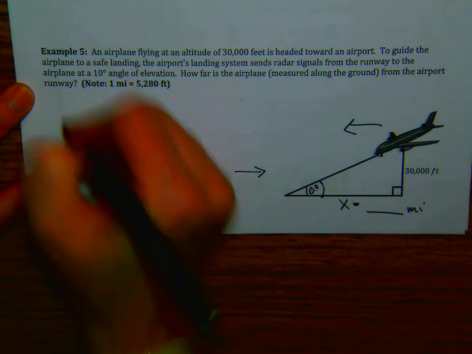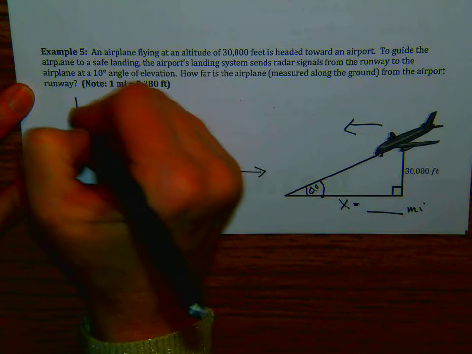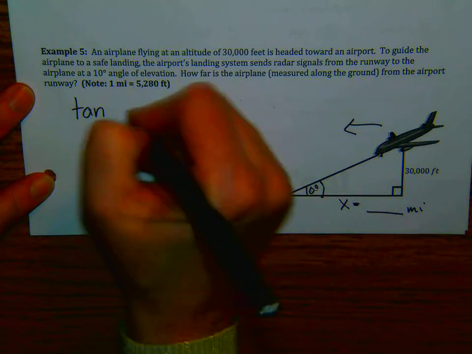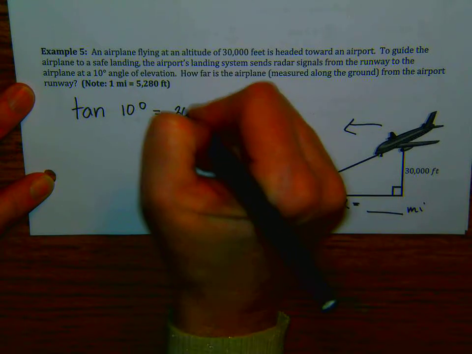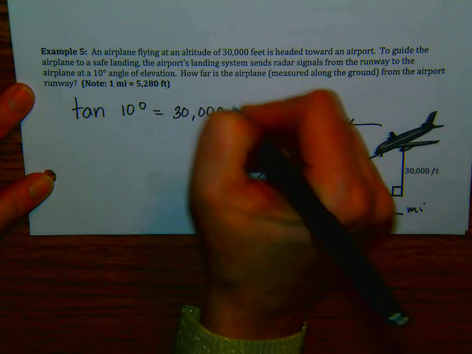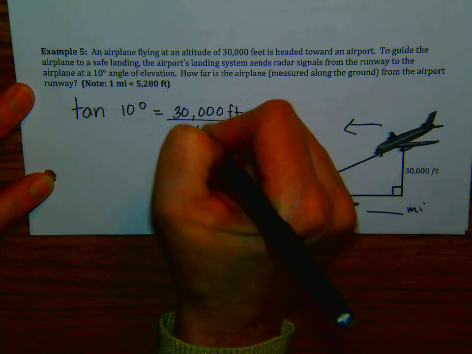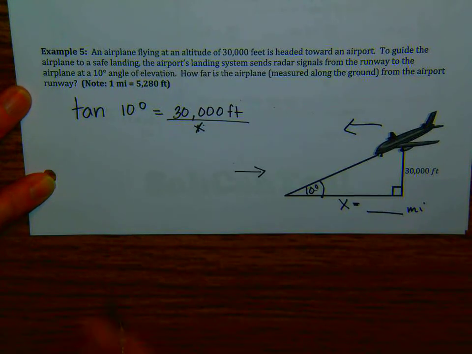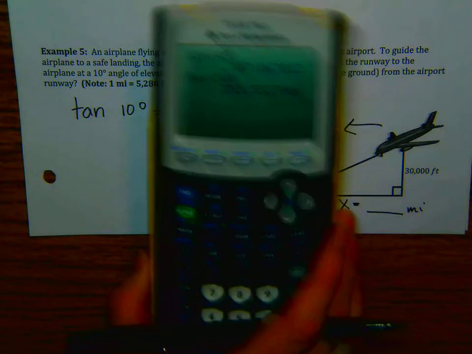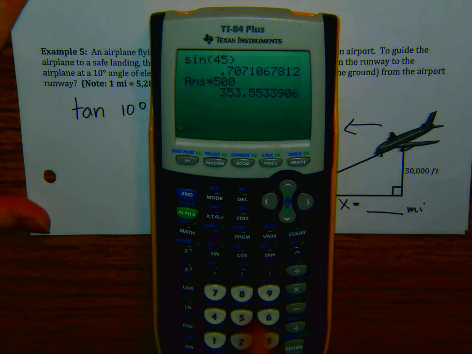I have the tangent of 10 degrees is equal to what? 30,000 feet over x. So I'm going to take my calculator. I know it's already in degree mode, and I'm going to say, what is the tangent of 10 degrees? And I get 0.1763.